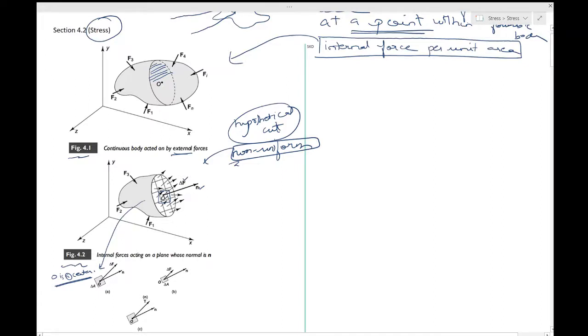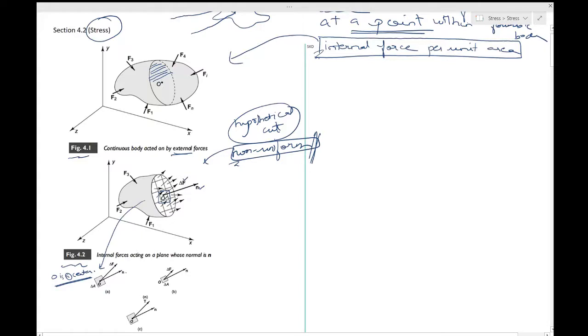The idea is that you want to have a lot of things known when you want to study this non-uniform internal force per unit area. Some of the things mentioned are to specify the orientation and size of the face on which delta F acts, meaning you should be aware of n, then the angle which this delta F makes with the orientation, and so on.